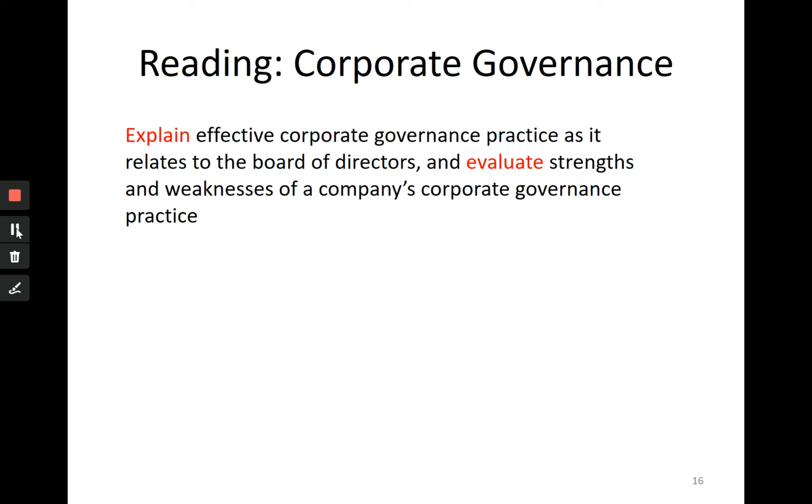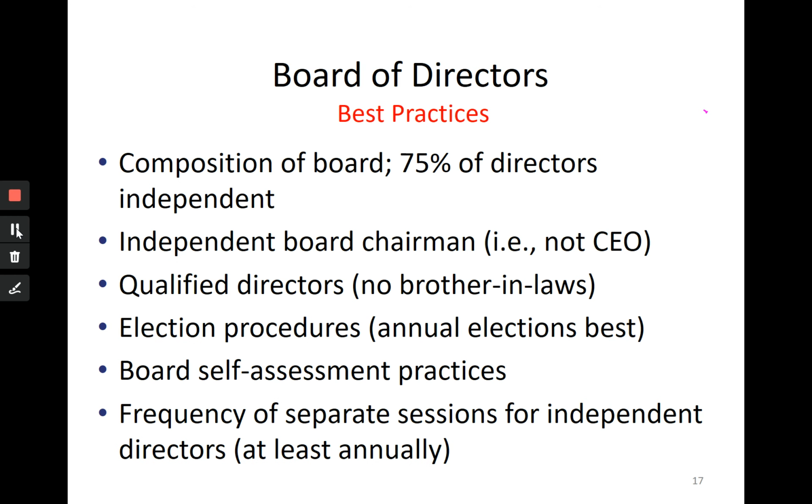There are a few criteria we can use. Number one, 75% of directors are at least independent.